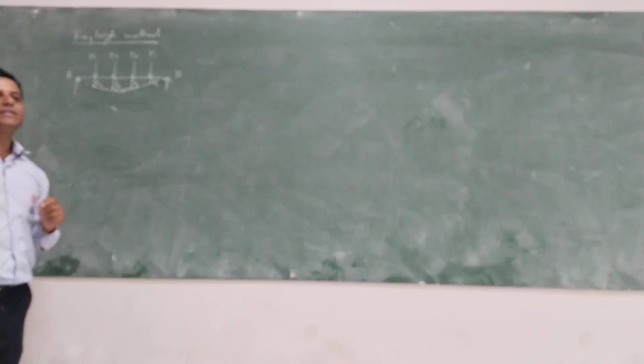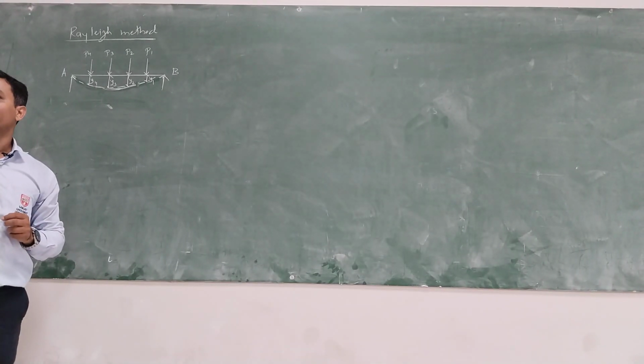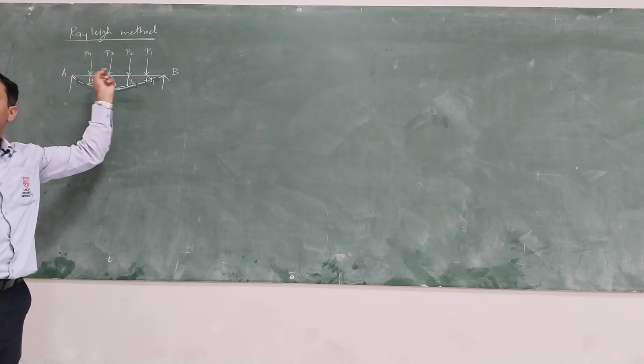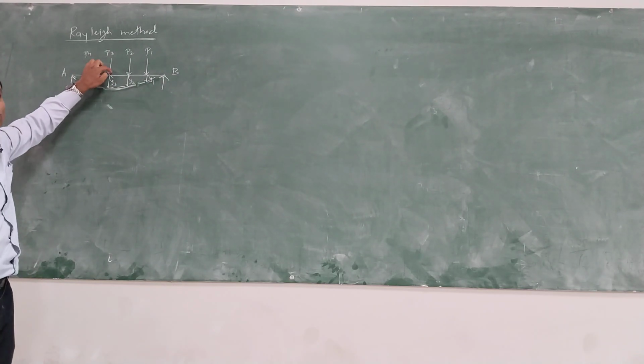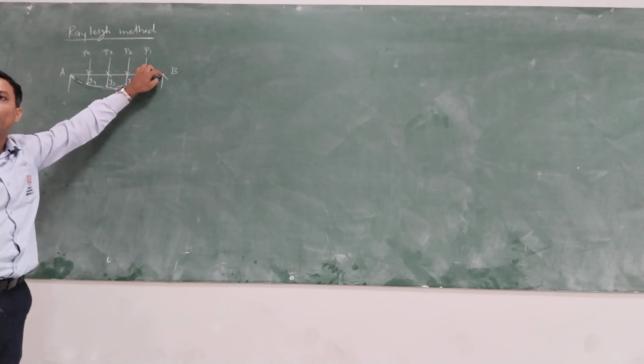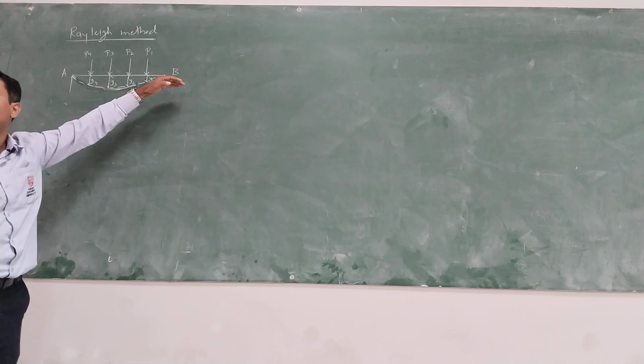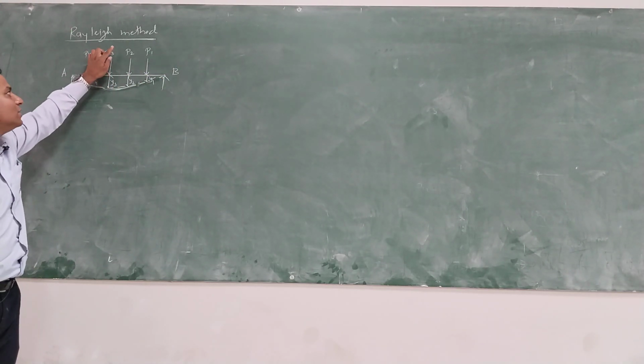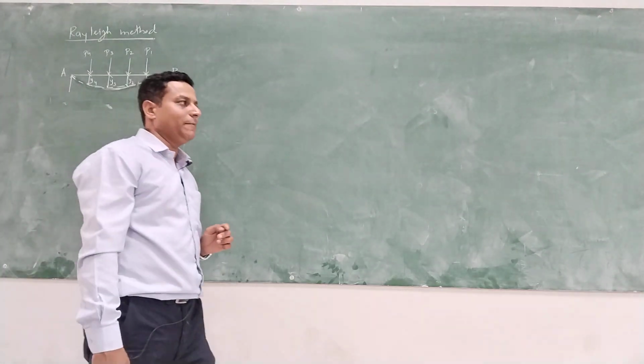We cannot use this method for a spring-mass system. This method is useful only for beams which are subjected to point loads, and the load should be perpendicular to the beam. So for this particular case, you can use Rayleigh's method.